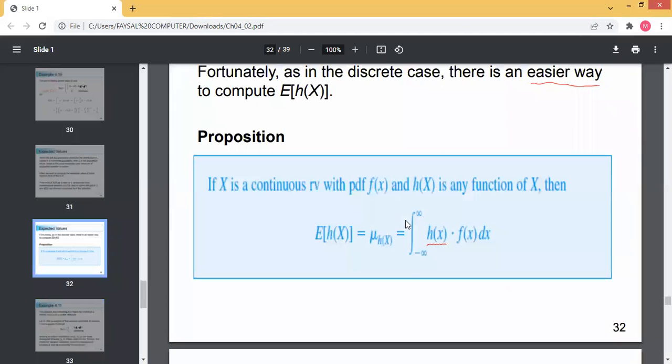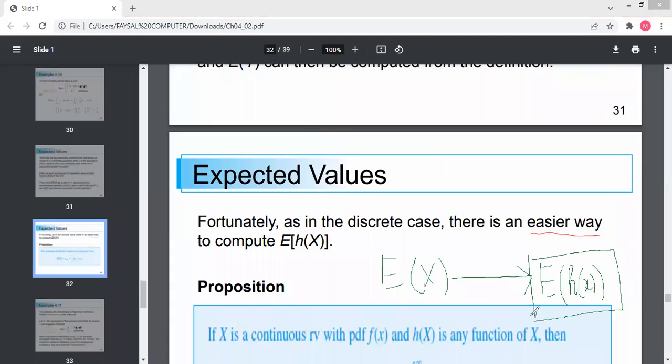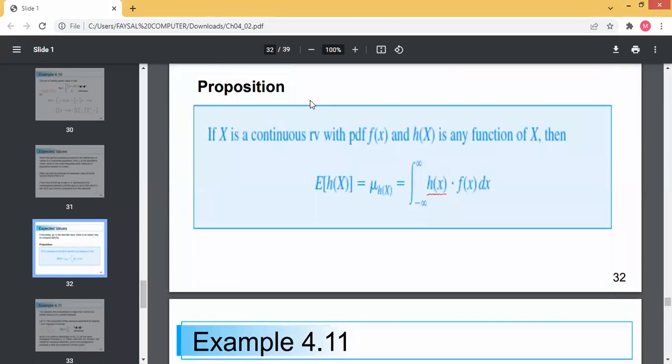Now next, you have to remember that this is the expected value for the case of x. First I found E of x, now I will find E of h of x. For E of h of x the formula will be different.